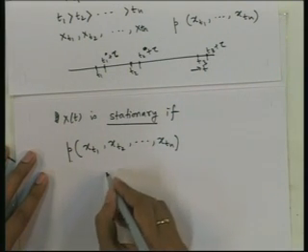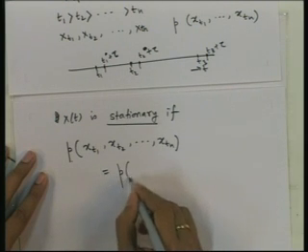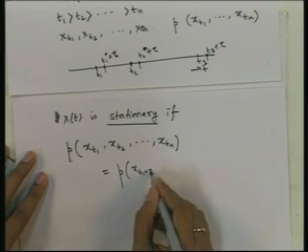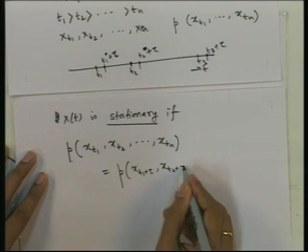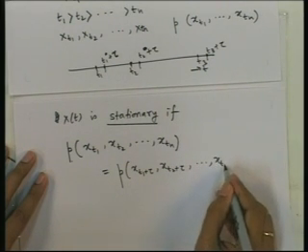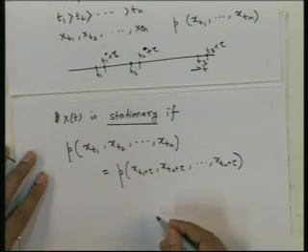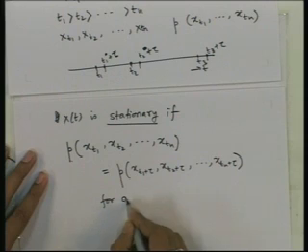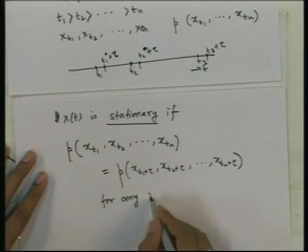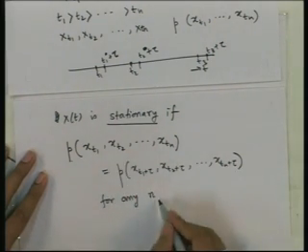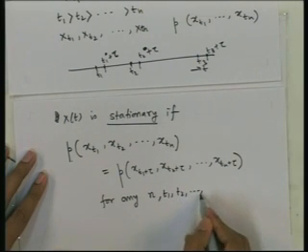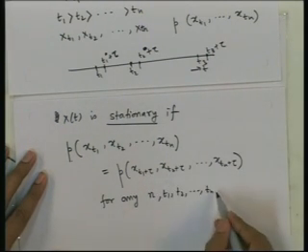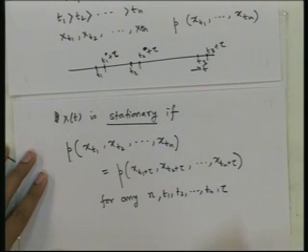If these two are the same density functions for any number of points n, any times chosen, that is t1, t2 to tn, and any shift tau, then this random process is called stationary.